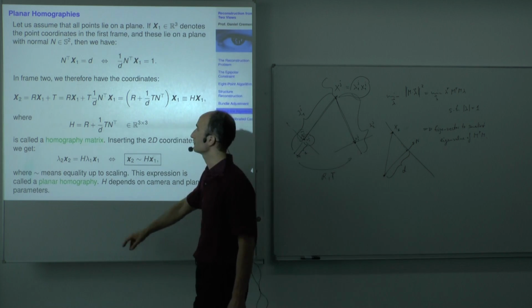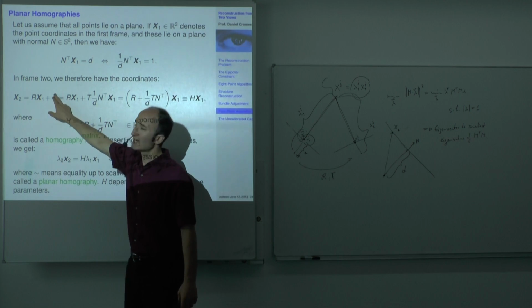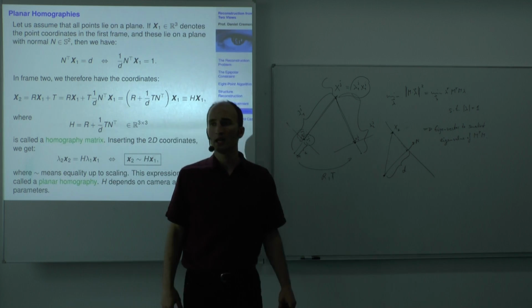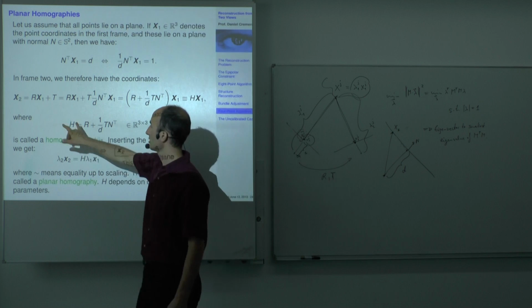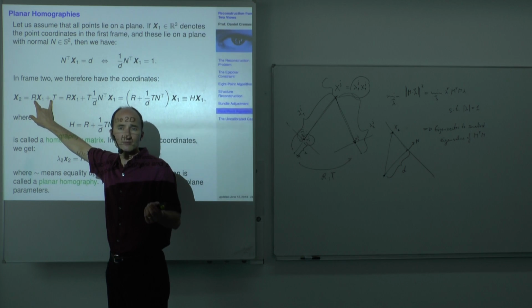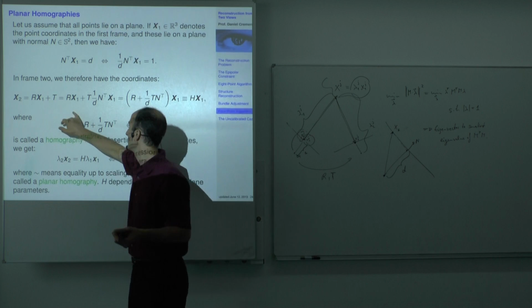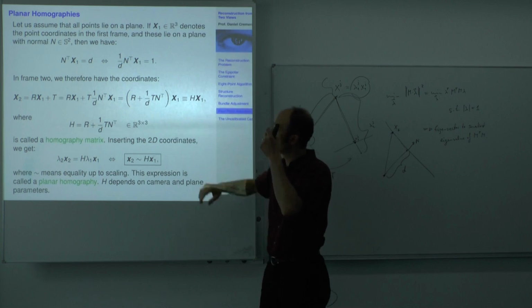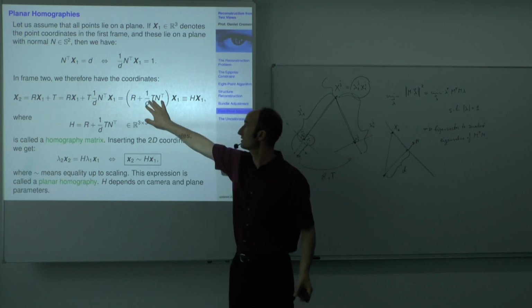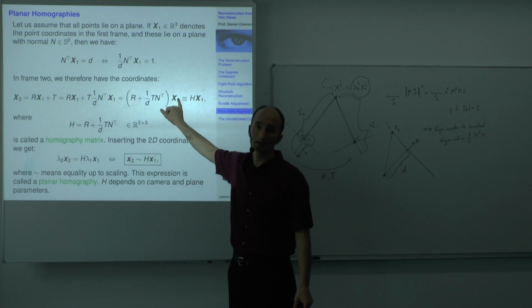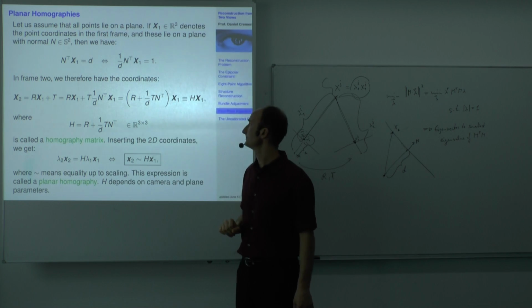In general the transformation involves a rotation and a separate translation, and I can write it as a matrix product only in homogeneous 4D coordinates. But in the planar case I can write it as a 3 by 3 matrix acting on the 3D coordinates.